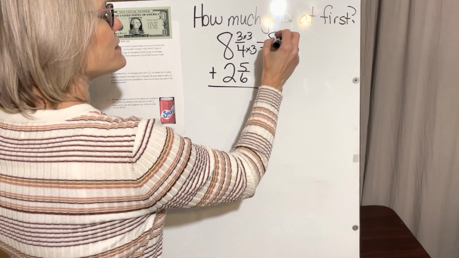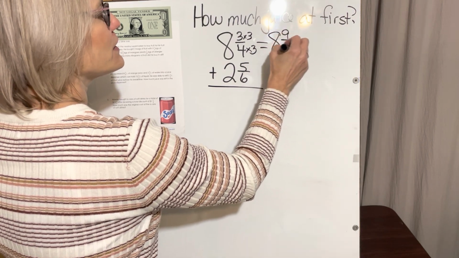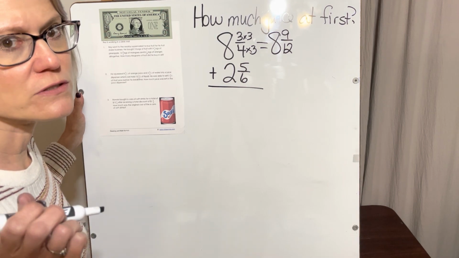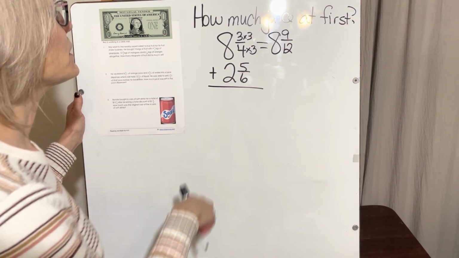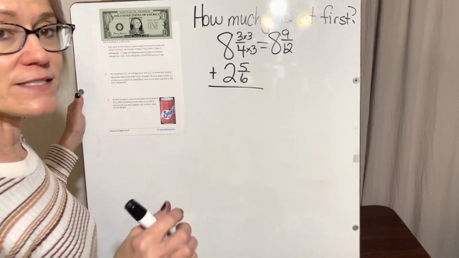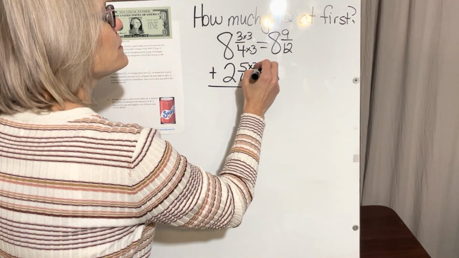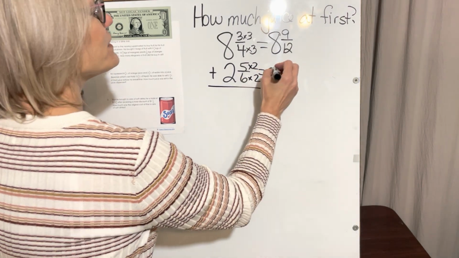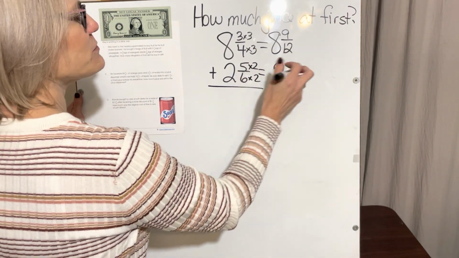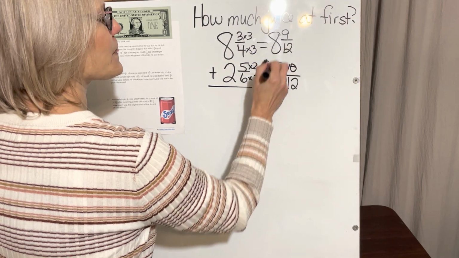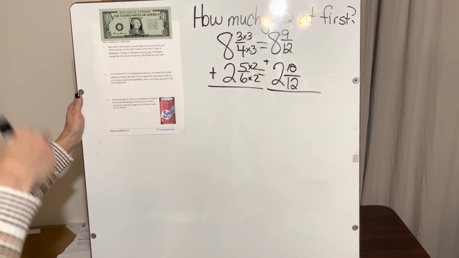So this would be 8 9/12. Now you guys know what I'm talking about when I say Maverick barks too much. All day long. Okay, so when I count by 6s, 6, 12, I count 2 times. So we've got 2, and then we've got 5 times 2, that's 10 12ths. All right, now I can add it up.